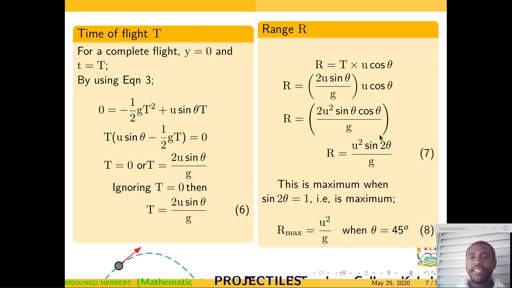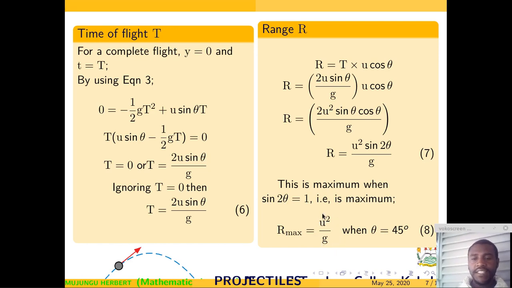Sine 2 theta can be at most 1. If sine 2 theta is equal to 1, and you take the arc sine of both sides, then 2 theta is equal to 90 degrees. So theta is half of 90 degrees, which is 45 degrees.